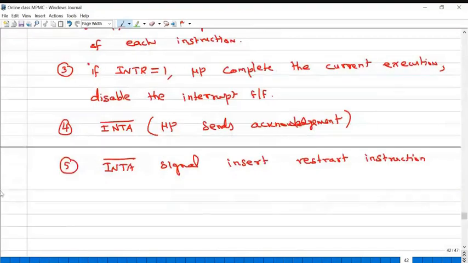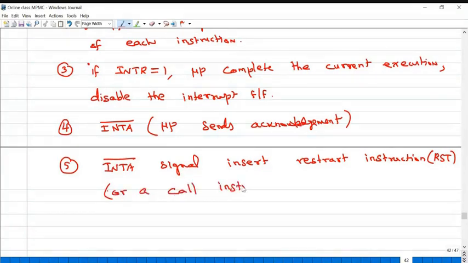In bracket, I'll write RST instruction or a call instruction through external hardware.